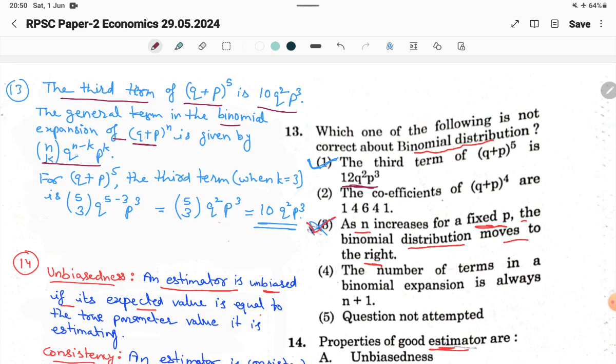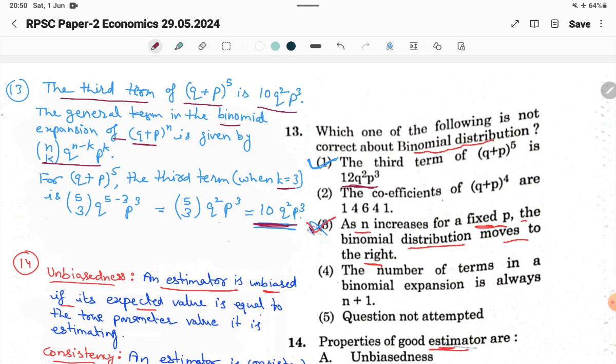That is the general term. So if we put the value of the third term of (q + p)^5 when k is equal to 3, then 5C3 q^(5-3) multiplied by p^3. So 5C3 q^2 p^3 is equal to 10 q^2 p^3. That will be the right answer.